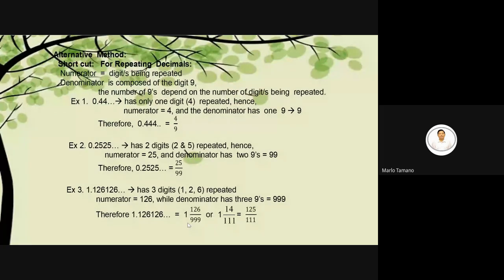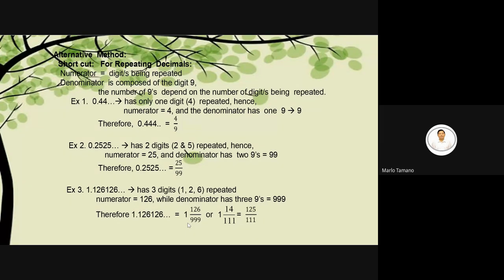The alternative method for this, or we call it shortcut, no? For repeating decimal, numerator or digits being repeated. Kapag ang numerator natin ay yan nauulit, denominator is composed of the digit 9. The number of nines depend on the number of digit or digits being repeated.